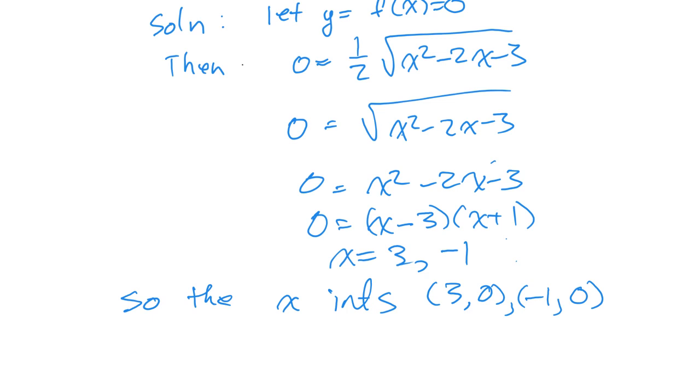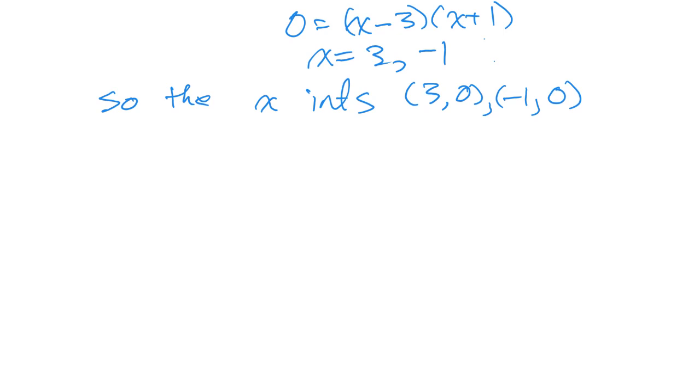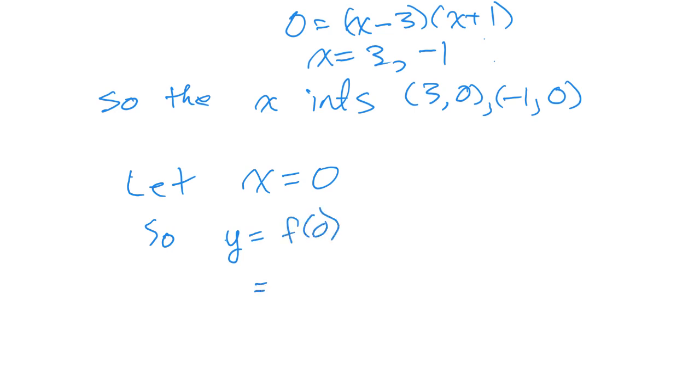For the final stage of this problem, all we have to do is find the y-intercept. To find the y-intercept, we let x equal 0 in our original equation. So our y is going to equal f at 0, but f of 0 is equal to 1/2 the square root of 0 squared minus 2 times 0 minus 3.